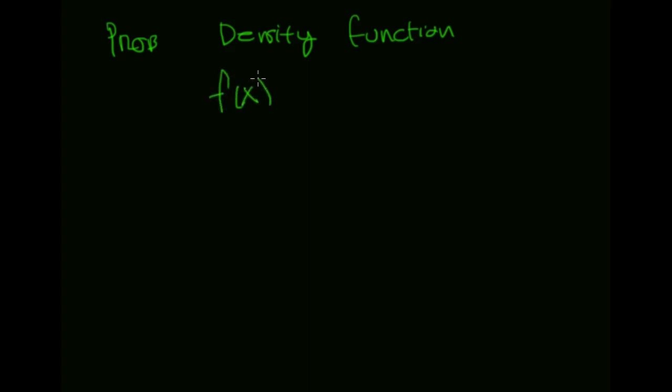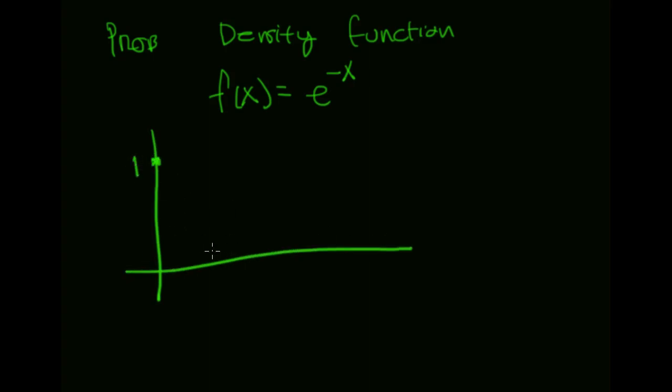So let's say I have the probability density function f of x is equal to e to the negative x. It's a pretty simple function. If I were to graph this, it looks like this. I start up here at 1, and then the x values are a half, 1, 3 halves, 2, 5 halves.